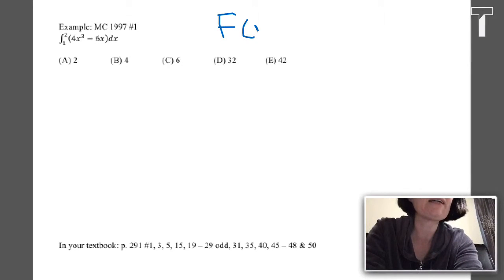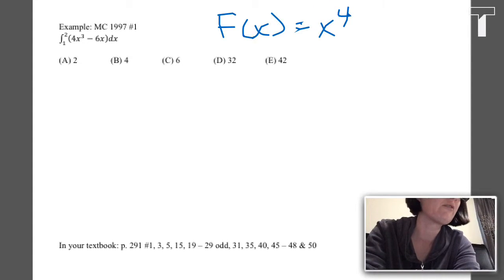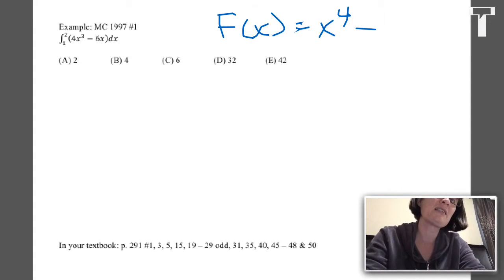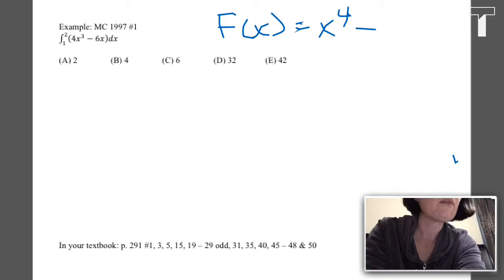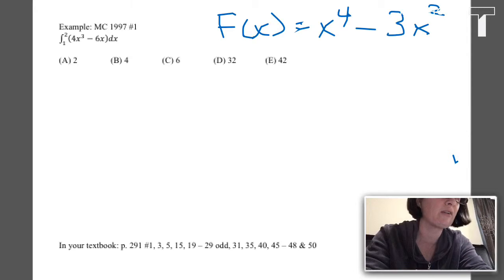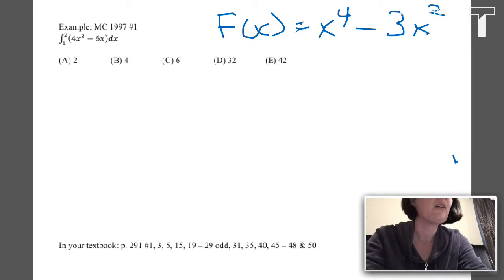Capital F of x in this case is going to be x to the 4th, because the derivative would be 4x cubed, minus, and this would be 6x, so 3x squared. Because you could imagine taking the derivative in your head, the 2 would come down and multiply the 3 to make 6x. This is my antiderivative.